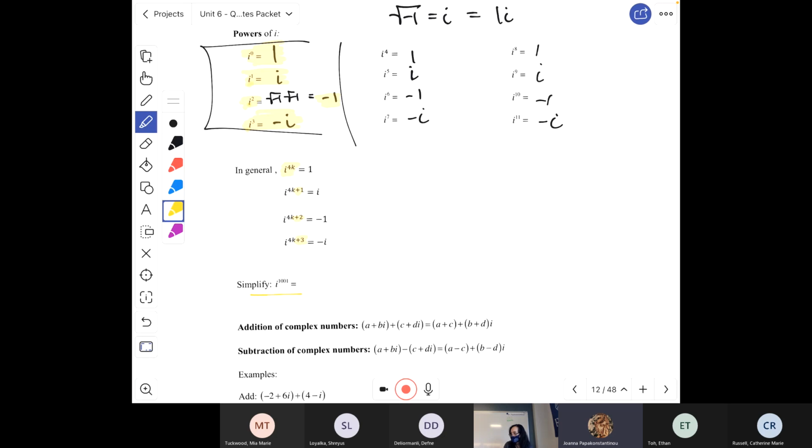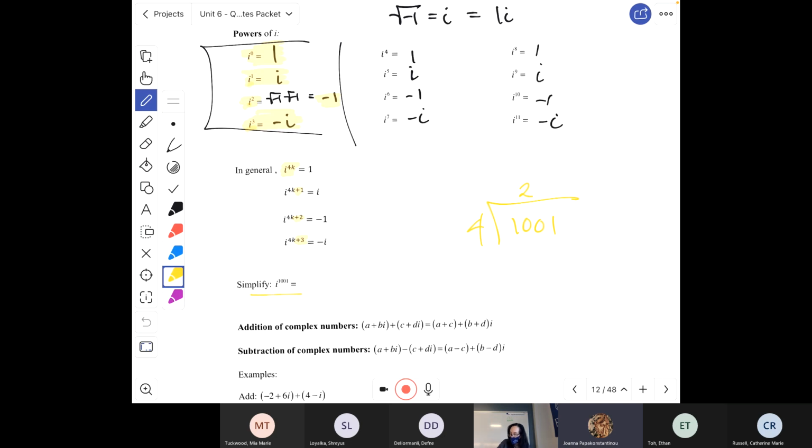Does that make sense? So if I gave you i to the 1001 power, well, what would you do? You would take that exponent and divide it by 4. Okay, 4 into 10 is what? 250.